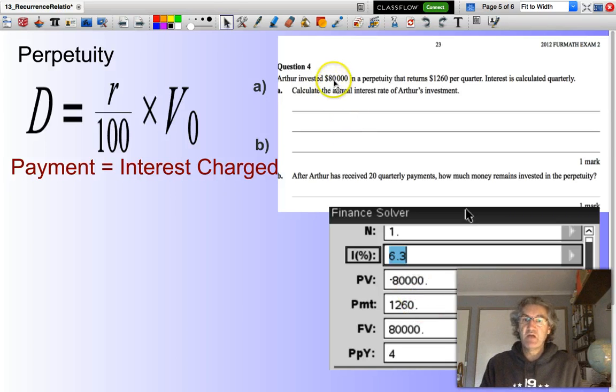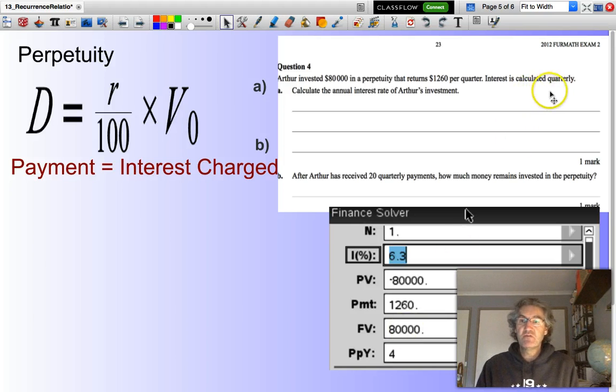Arthur deposited $80,000 into his perpetuity, so we'll have a negative $80,000 because the money has flown from Arthur to the perpetuity. At the end, which will be basically never, there will be $80,000 for him, or whoever, to withdraw.